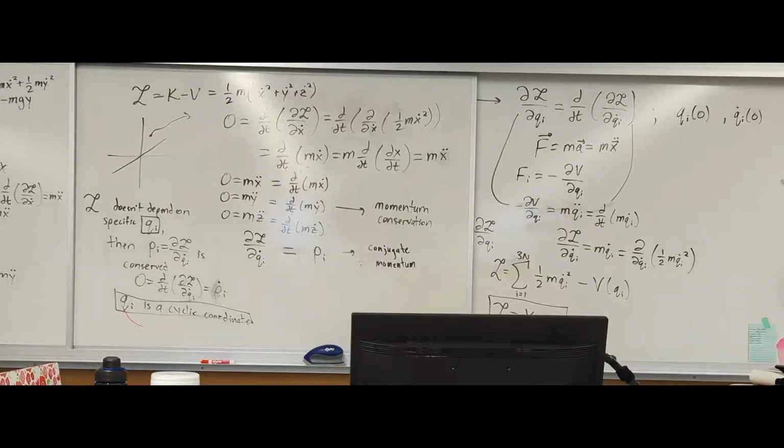So for one, it becomes a lot easier to work with energies instead of forces. Forces can point in a lot of directions. There can be a lot of complicated intermediary forces between different particles and stuff like that. But they can be really easily summarized in terms of just energies. And usually the potential energy is what makes it very simple.